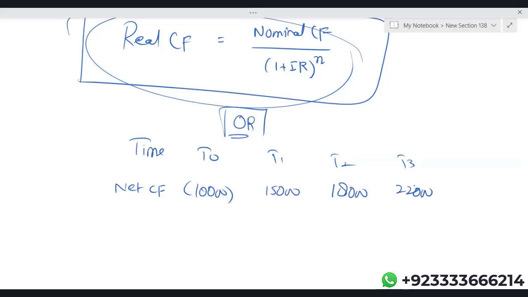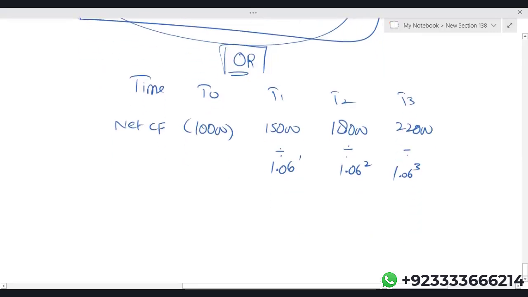Rather than working on taxable profit, you can do one more thing. Net cash flows before discounting, you have calculated in nominal terms. Now, if the examiner has given us 2 marks to calculate NPV in real terms, look at this. 15,000 divided by 1 plus, I'm assuming general inflation is 6%. Obviously, for T0, power will be 0.